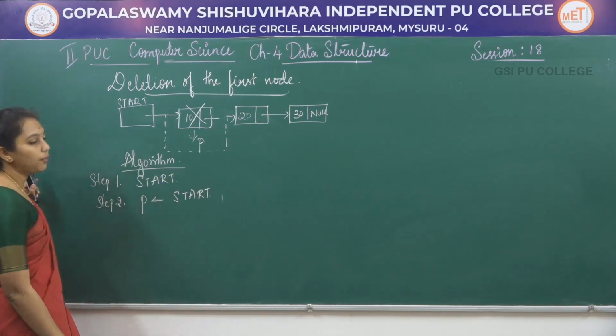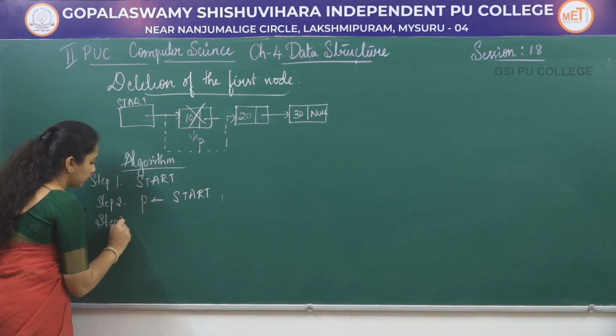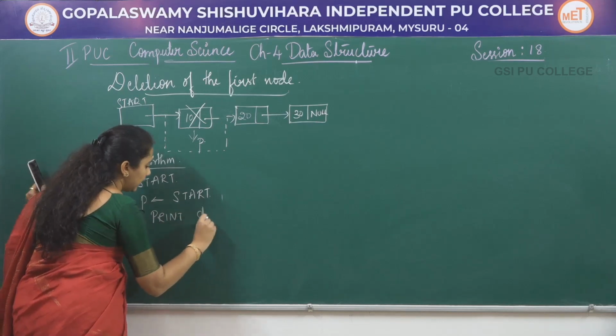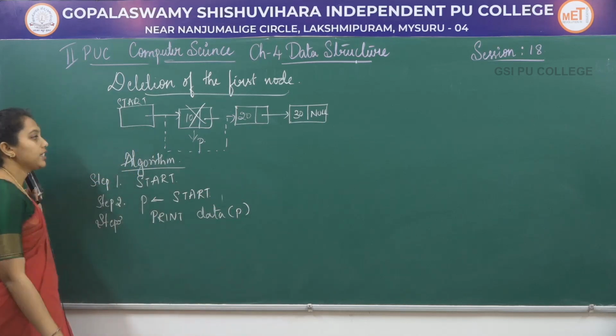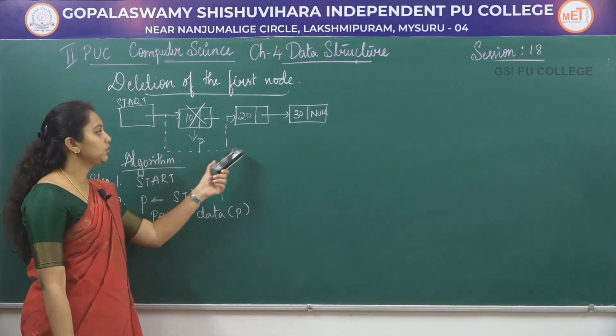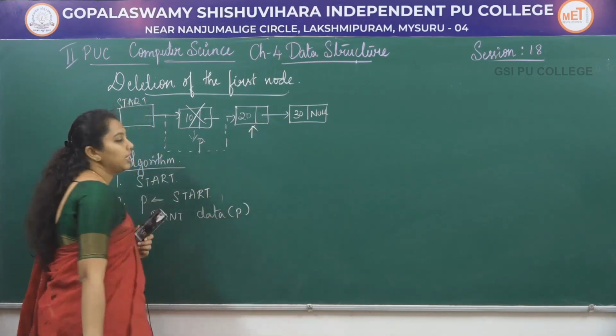So we are going to copy the information of the node: print data of P. Next, what we have to do? We have to create a link to the second node of the list.